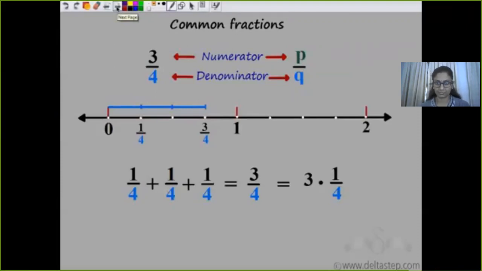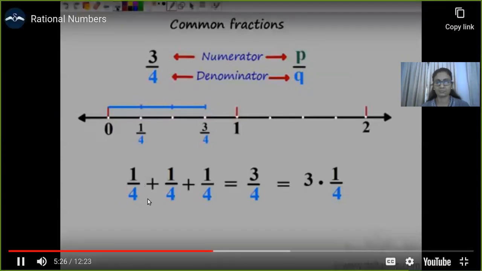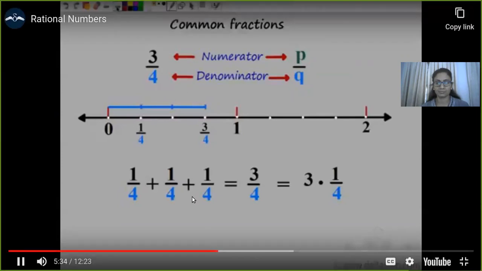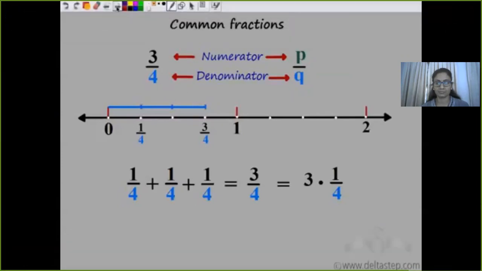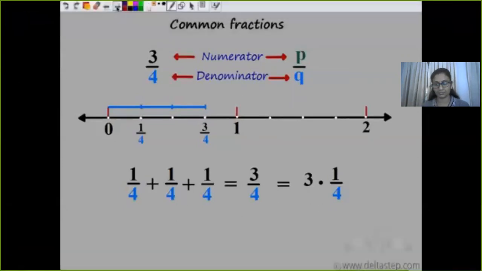Now what does 3 by 4 tell me? We know the denominator indicates how many divisions this unit length should have. That is 4. 1, 2, 3, 4. So I divide the unit length into 4 equal parts. What does 3 indicate? 3 indicates the number of such units. 1, 2, 3.